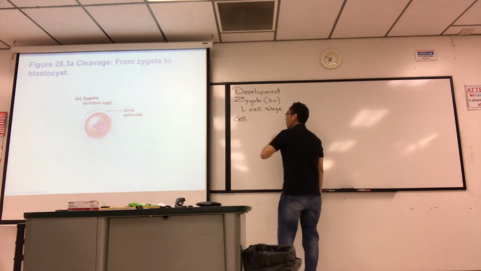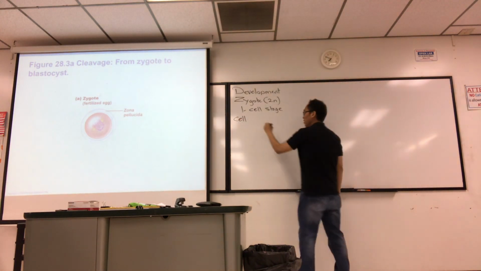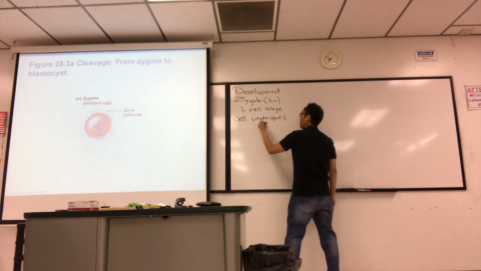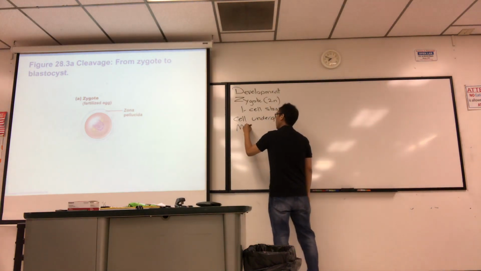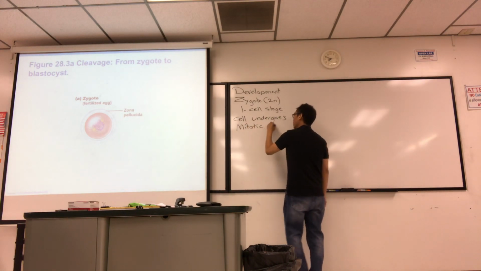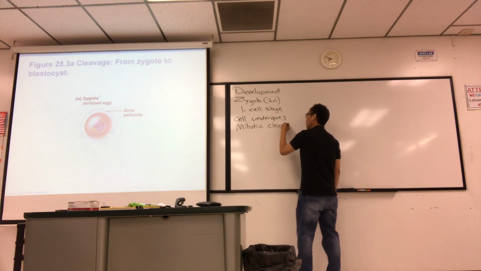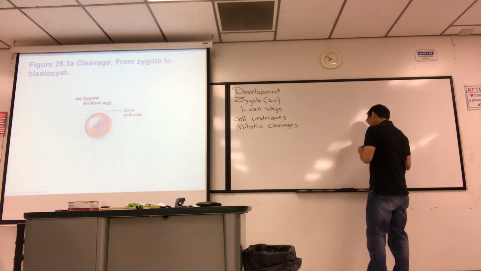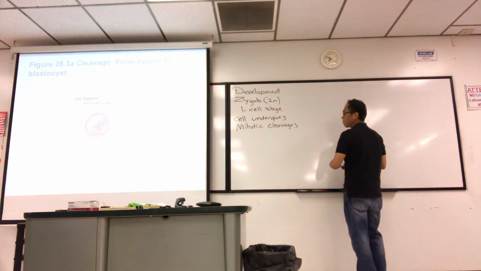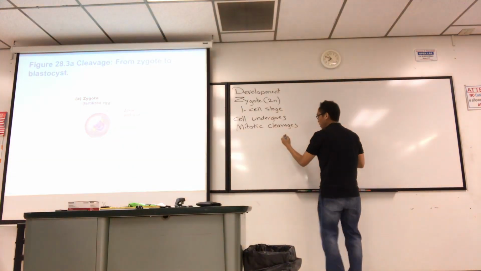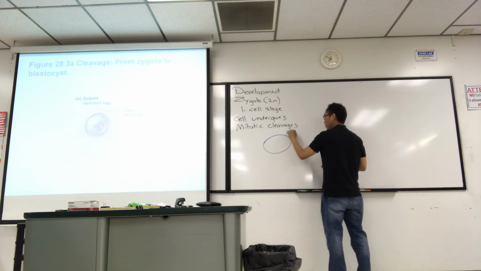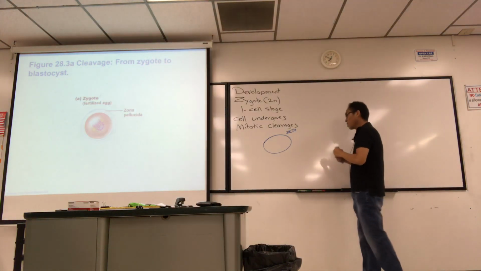The one cell, which has to become a baby, undergoes mitotic cleavages, where simply the one cell, zona pellucida is white, but I'm drawing on a white board, so I'll just use blue for zona pellucida, ZP.